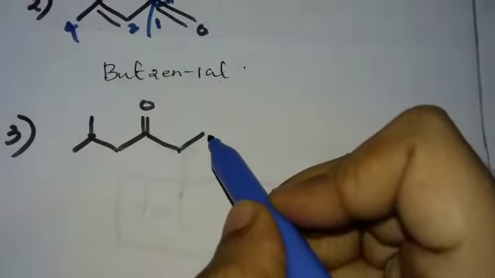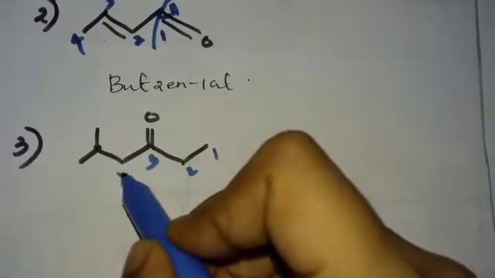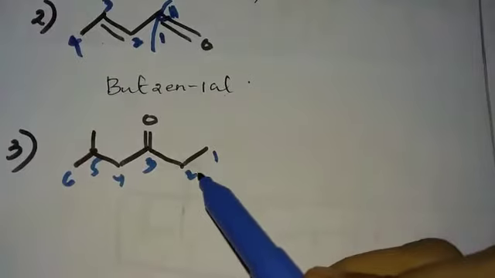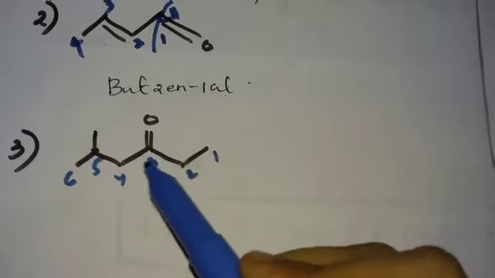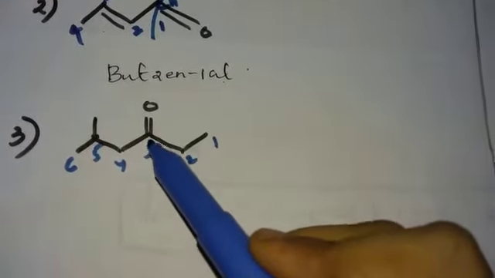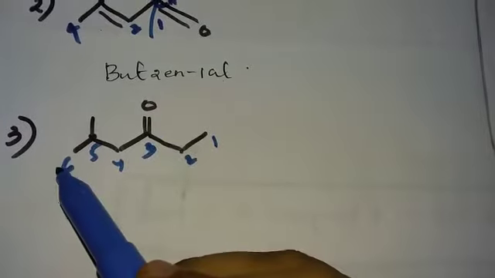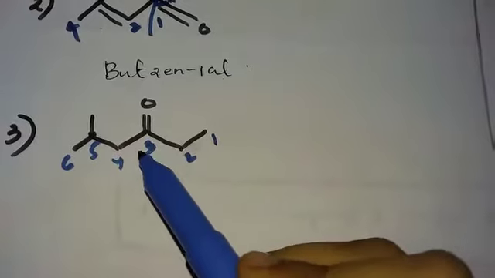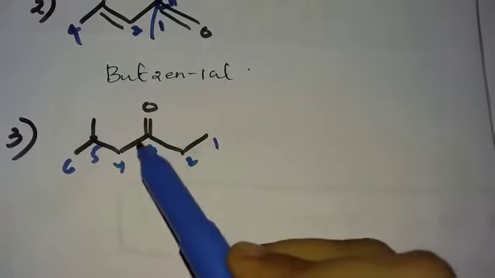When we number from this side, 1, 2, 3, 4, 5, 6, it will get the number 3, which is the lowest number. 3 is less than 4, so we will choose this side.